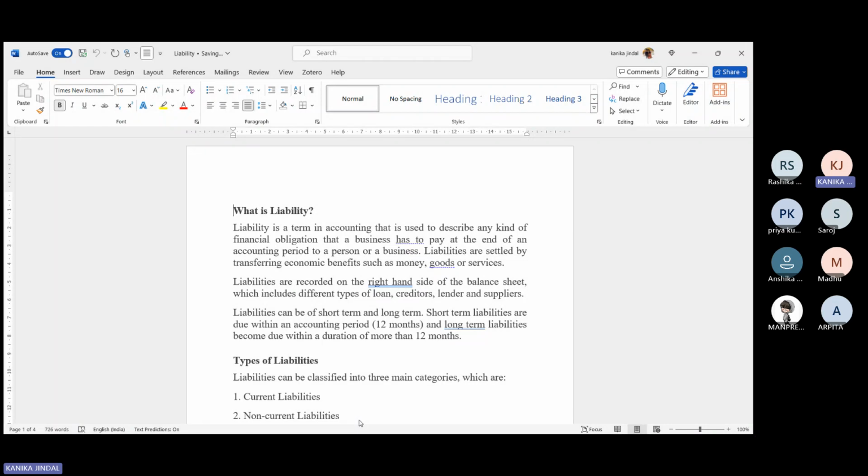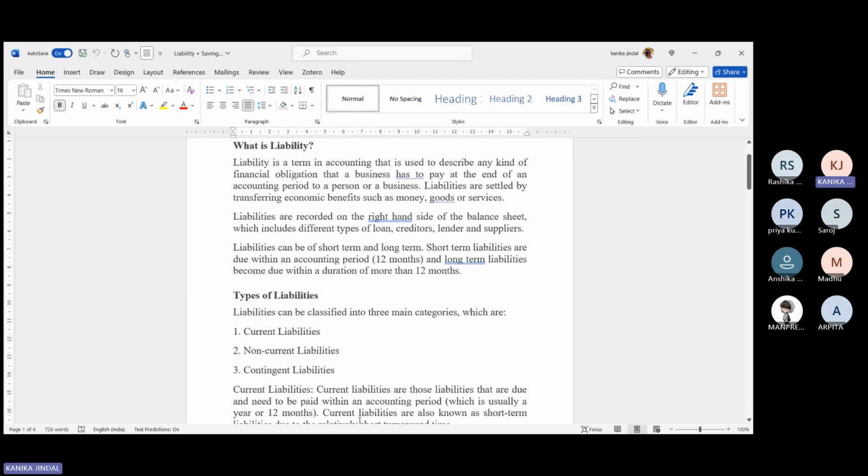And liabilities can be short-term or long-term. Short-term liabilities are due within an accounting period of 1 year, that is 12 months. And long-term liabilities become due after the duration of more than 12 months or 1 year.